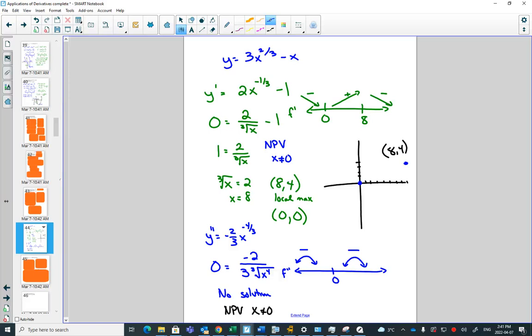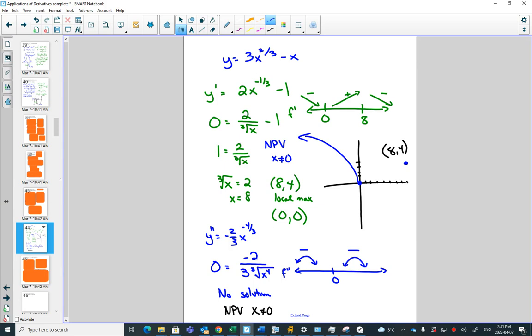Okay. So how does this work? What does this graph look like? Because in order for this, if 0, 0, which sure looks like it should be a minimum in a regular curve, the only way that that would happen is if it was concave up. But to the left of 0, it's concave down.